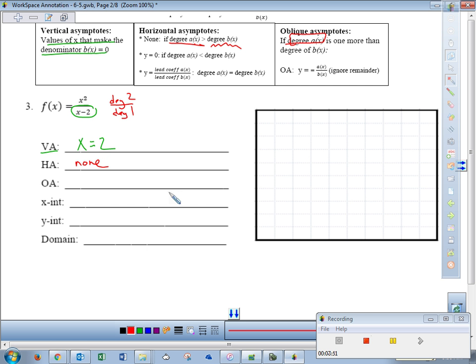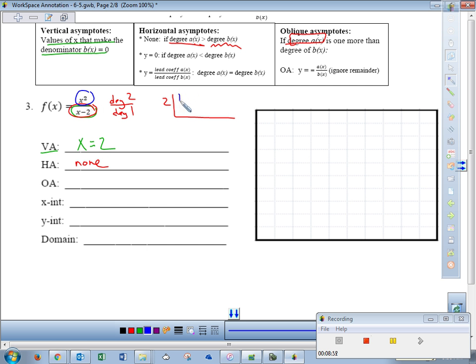Now, how do you start? You have to do synthetic division. We need to synthetically divide the numerator by the denominator. If you've got to synthetically divide by the polynomial x minus 2, what is the value that makes that 0? You will synthetically divide by 2. What do you synthetically divide? The numerator, which is x squared. We need to write all of the terms though.